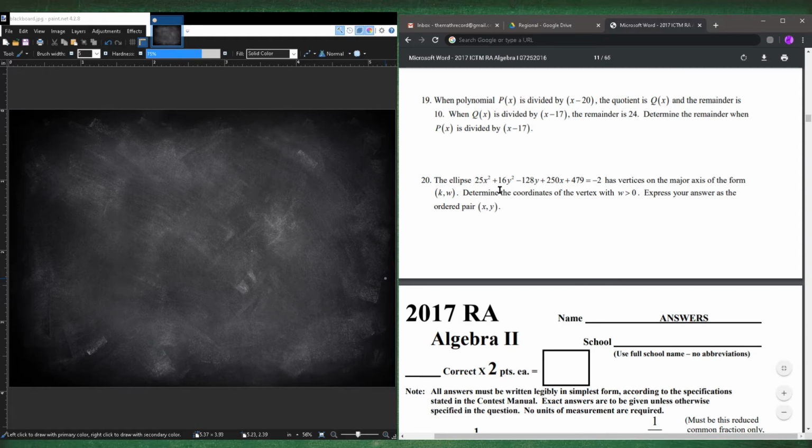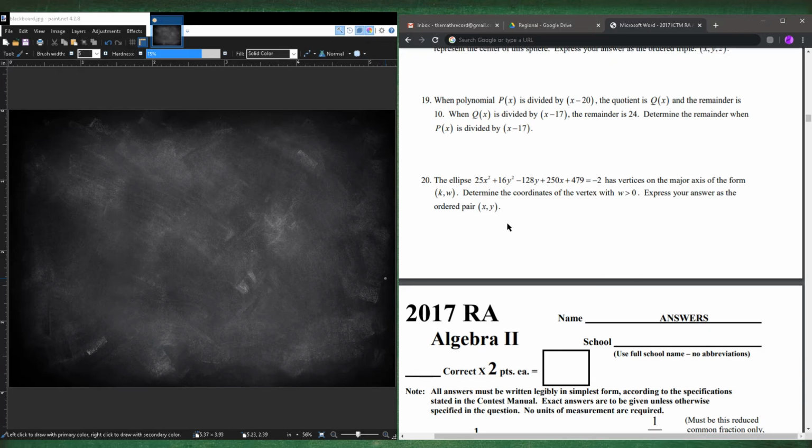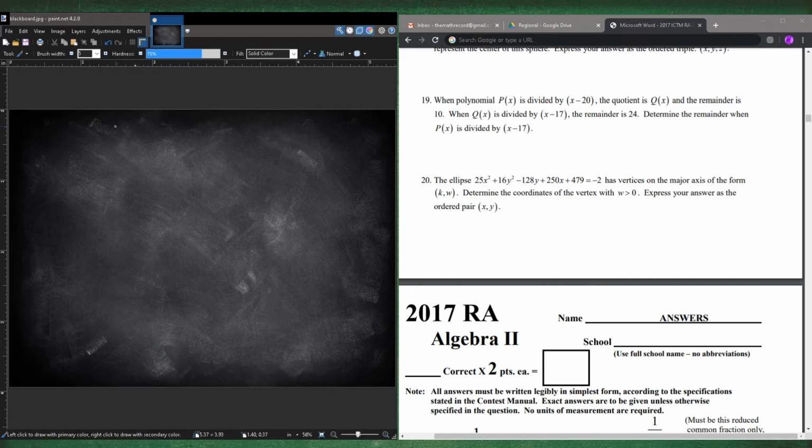So first, let's make this into the general formula of an ellipse. So what we're going to do is put the x's together. So 25x squared plus 250x.